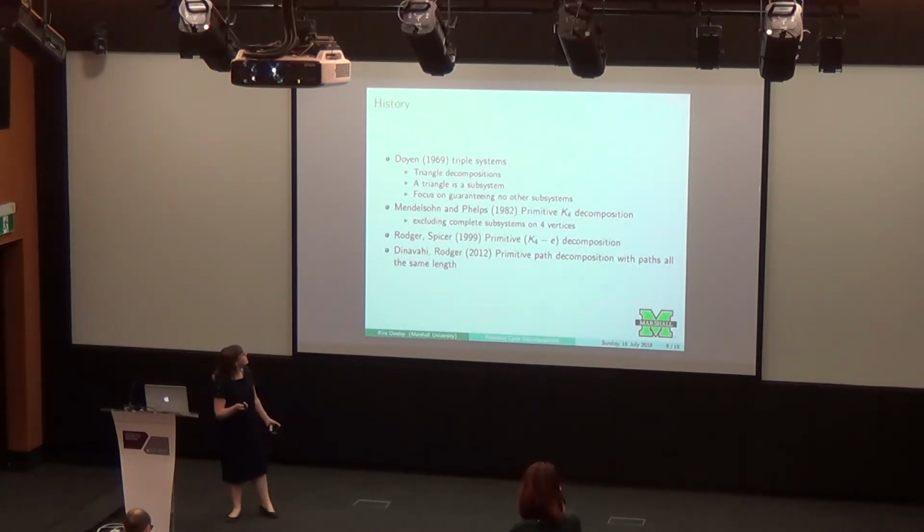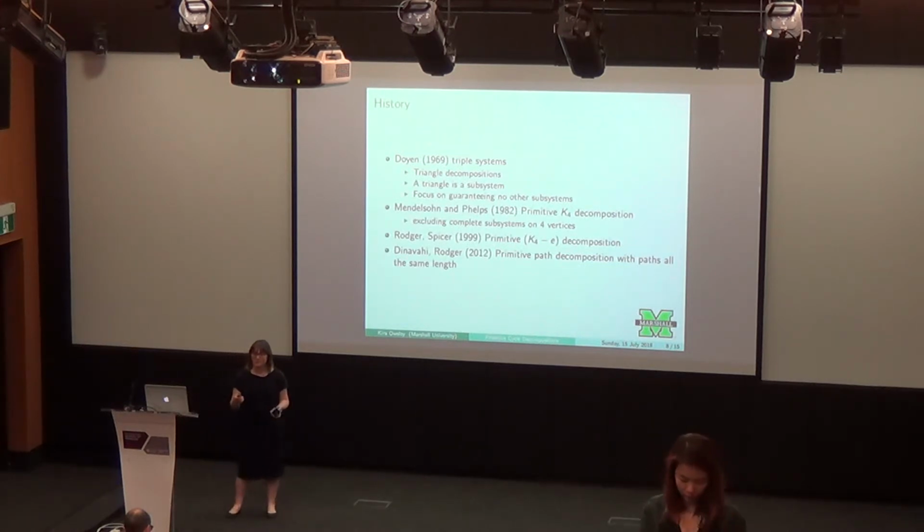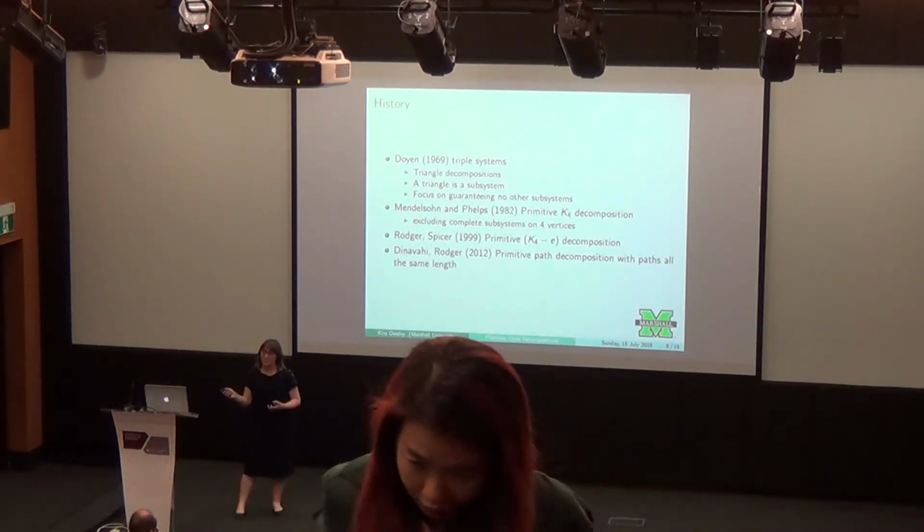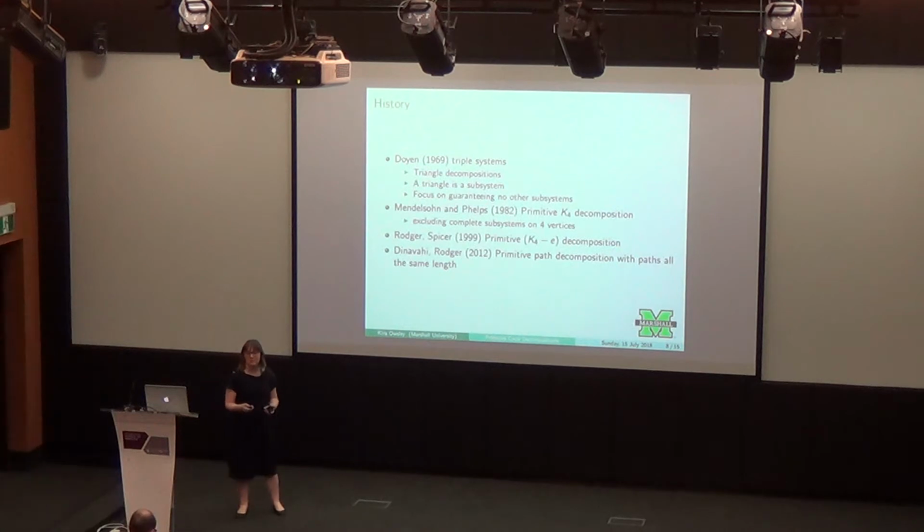And so because of that, they just focused on guaranteeing that there were no other sub-decompositions, kind of ignoring the fact that a triangle itself is a sub-decomposition, or else every single part that they had would be a sub-decomposition on its own.